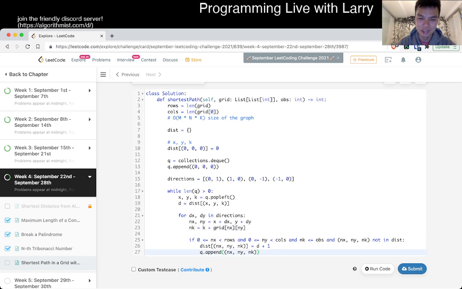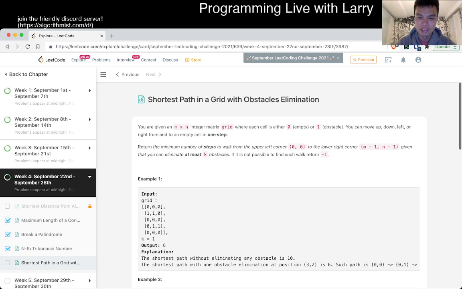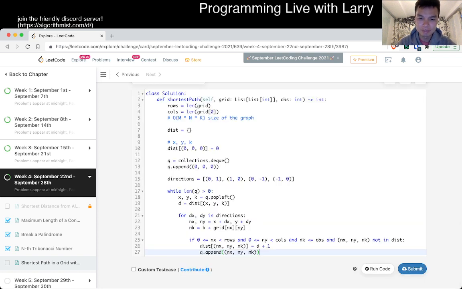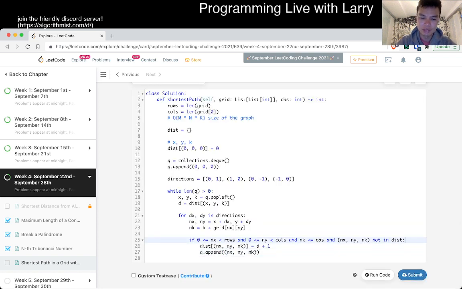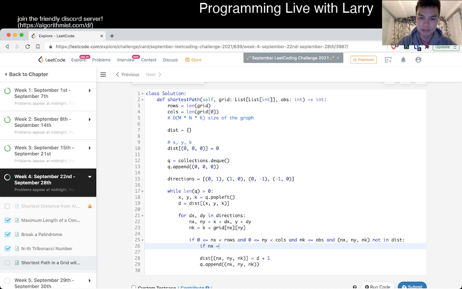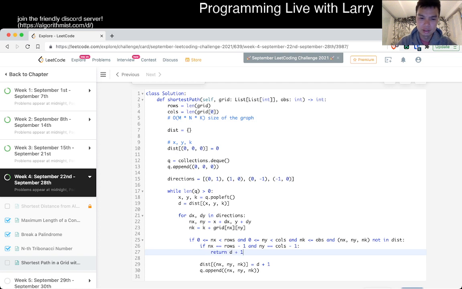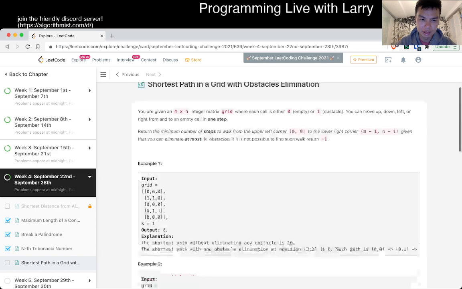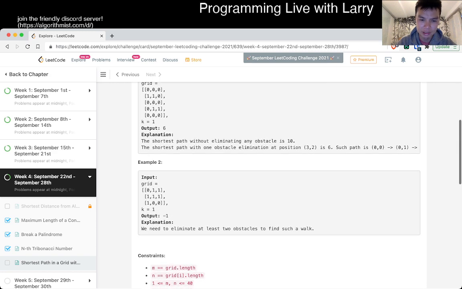And in this case, it's only 1, 0, so you don't have to do anything differently. Okay, 1 is an obstacle. From here, we can also check nx is equal to rows minus 1 and ny is equal to columns minus 1. Return d plus 1. And then that's it. Maybe we can do impossible, which is, I don't know if it's negative 1. Okay, it is negative 1.